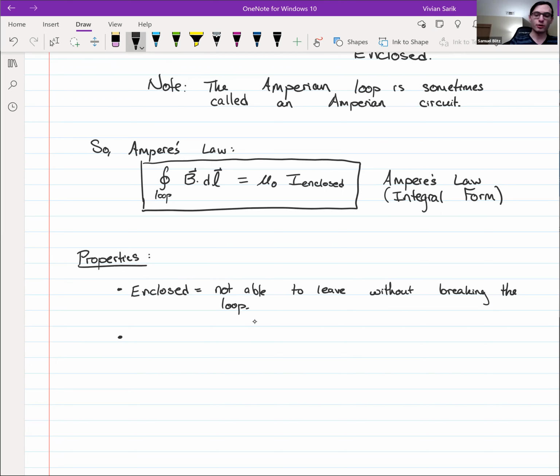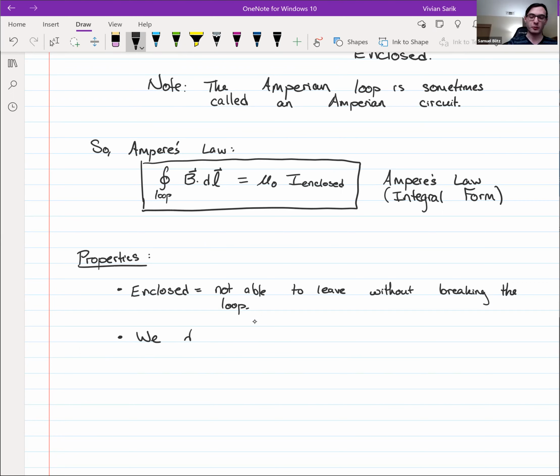Second property, so just like how we had to define what out means for flux when we were talking about Gauss's law, i.e. we had to decide what direction means electric fields go from inside to outside, we need to establish what positive means for this loop. What direction are you going around in the loop that makes it positive?